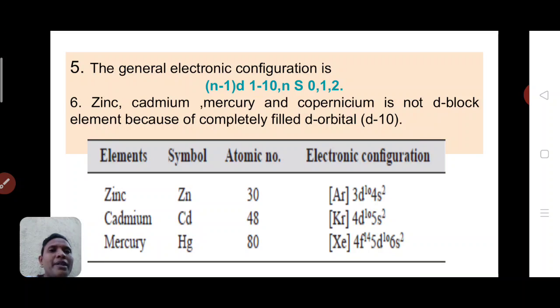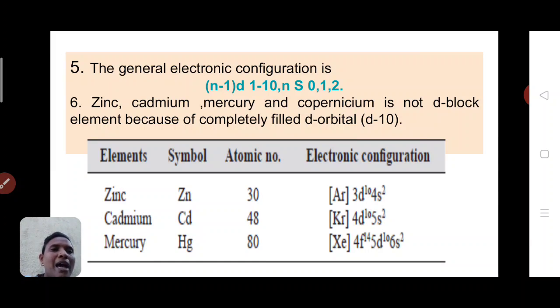Now the fifth property of d block elements is their general electronic configuration: (n-1)d^1 to 10, ns^0,1,2. n-1 is the energy level of d, that is the penultimate shell. 1 to 10 is the number of electrons present in the d orbital. ns^0,1,2 is the number of electrons present in the s shell.